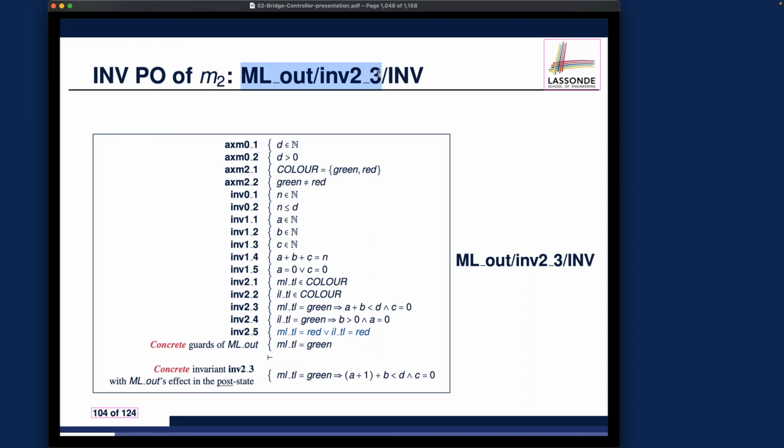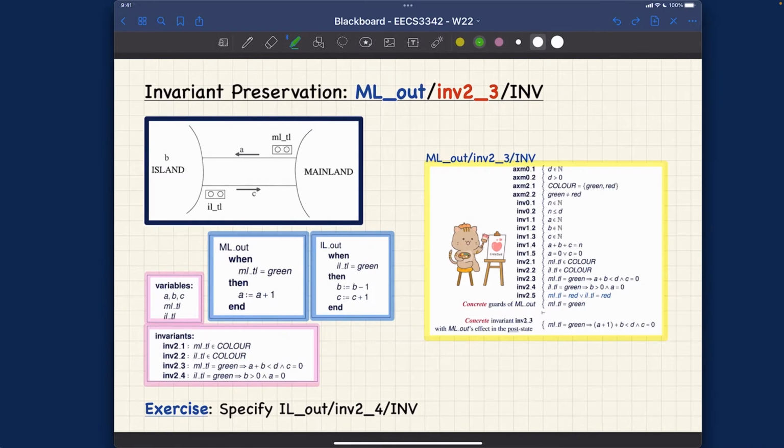Since we are assigning exercises to you throughout the lecture this week, you want to make sure where you are. So this will be the complete sequence for this particular invariant preservation proof obligation. I'm going to go over some highlights of it, and then we'll do some discussion. Okay, let's take a look.